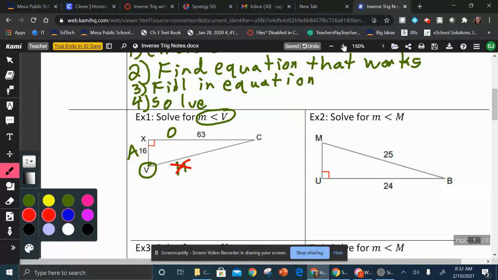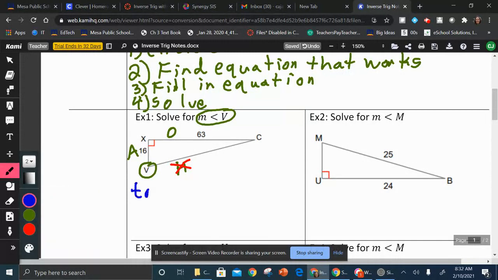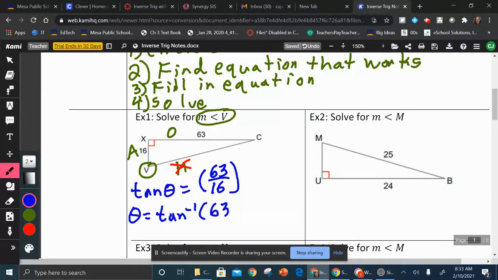So tangent of theta is going to be equal to opposite divided by adjacent, so 63 divided by 16. So theta is going to be equal to the inverse tangent of 63 divided by 16.